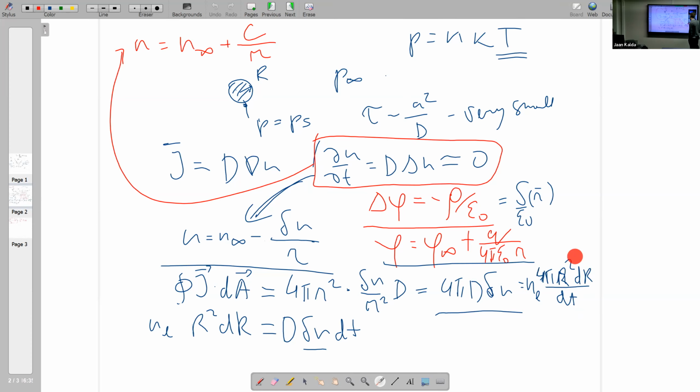Volume will grow. So if volume grows, the surface area multiplied by the increment of the radius, so 4 pi r squared dr is the change of the volume. But we want to have number of particles, so we multiply this by the number density of molecules in liquid phase. And then it should give us a number of particles which got stuck to the droplet, so the droplet got bigger. And all this is per unit time, so divide it by dt.